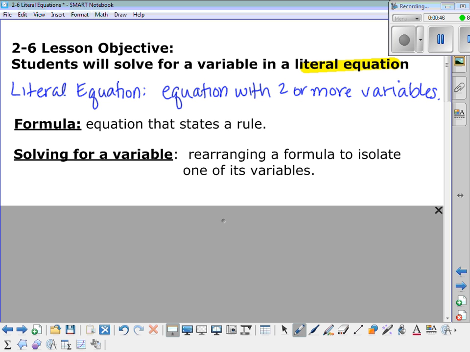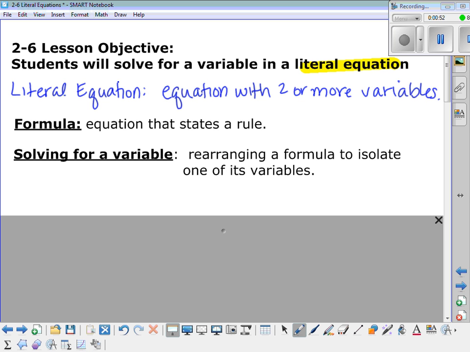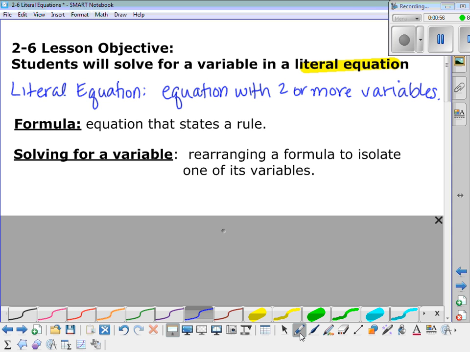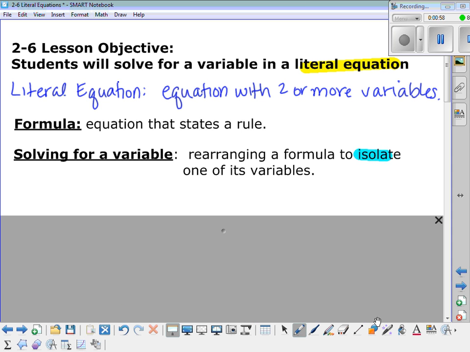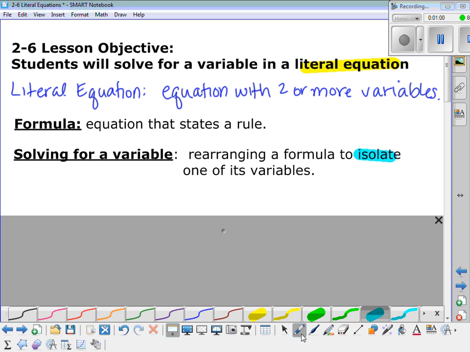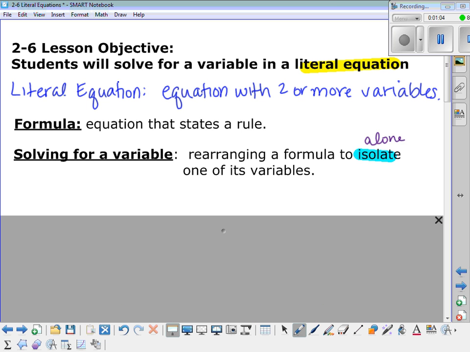A formula is an equation that states a rule, and solving for a variable means we're going to rearrange the formula to isolate one of its variables. Let's think about what the word isolate means. If a person is isolated, that means they're all alone. So we're going to get one of the variables alone.